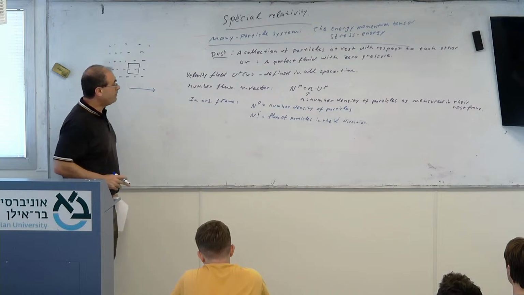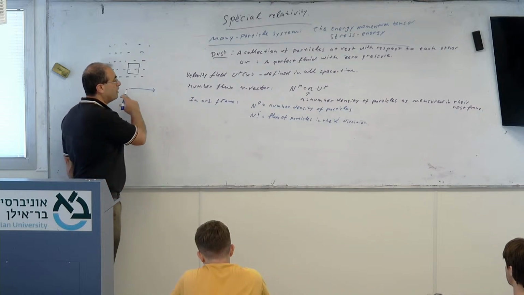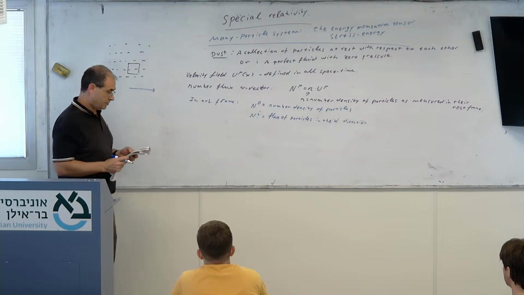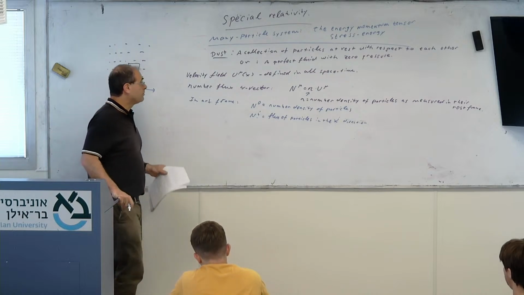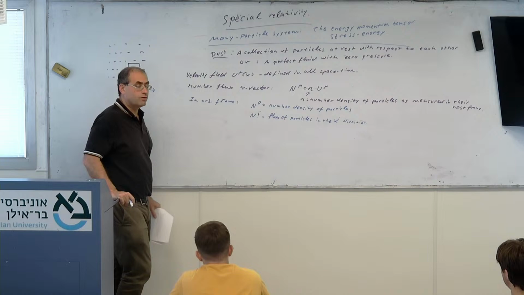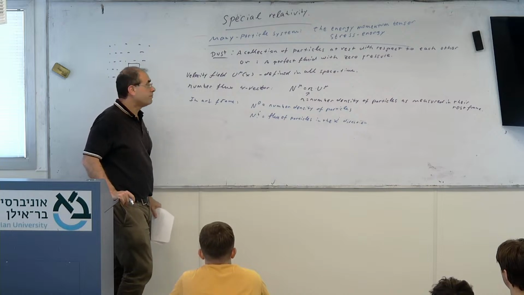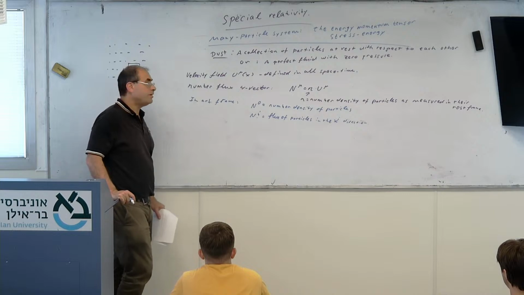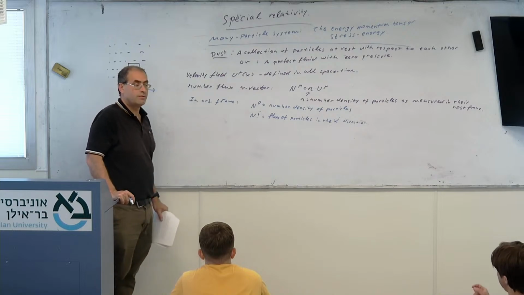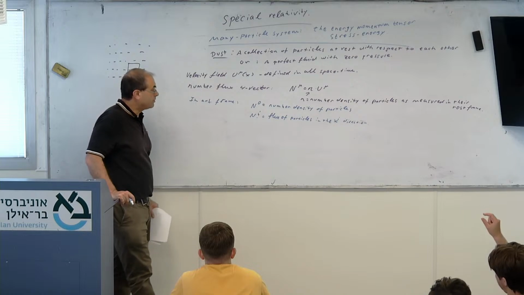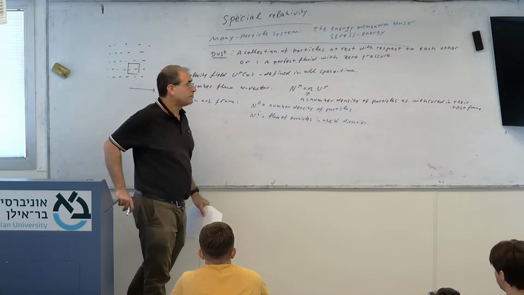So in the frame in which the dust is at rest, what is the number flux four-vector? What are the components in the frame in which it is at rest? It's small n, 0, 0, 0.